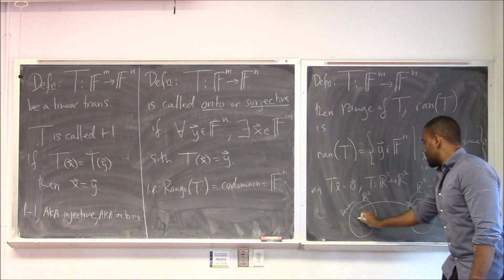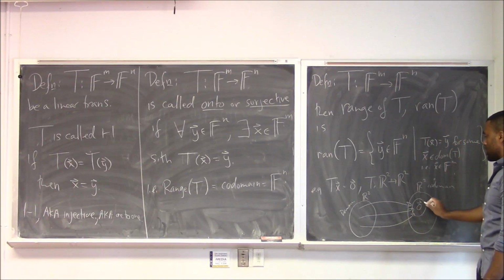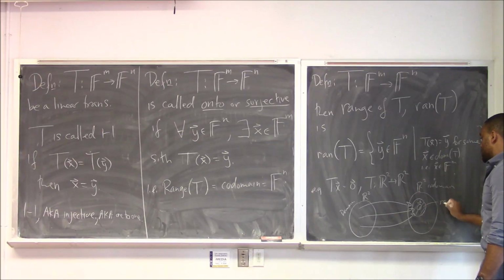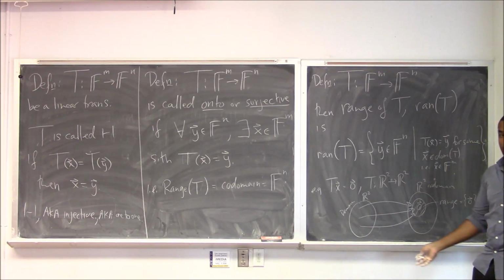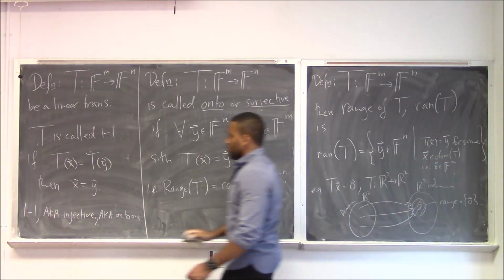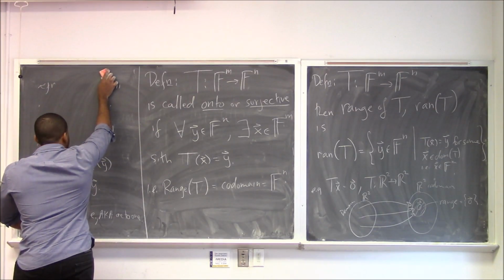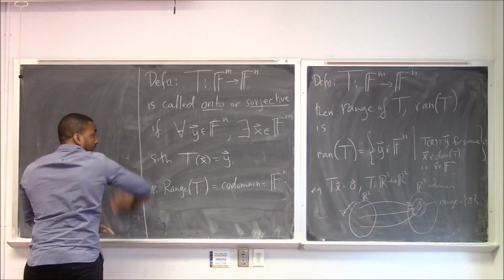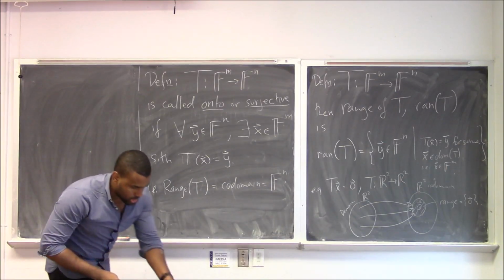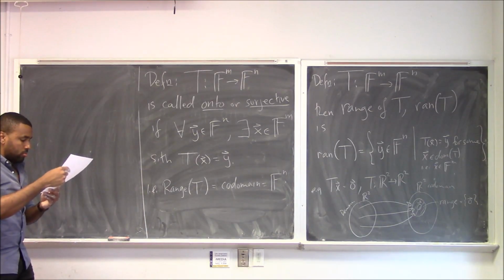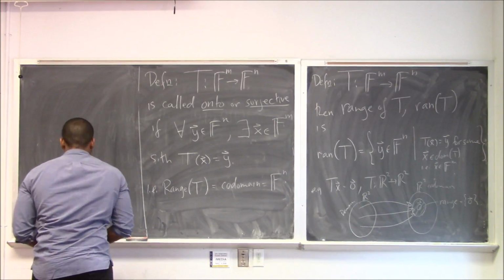Every element is going to go to that element, and all the other guys out here aren't in the range. So in this case, the range is the set with just the 0 vector. In fact, as we've learned today, that is equivalent to saying something else in precisely this instance. Do I say that now or later? A little bit later.